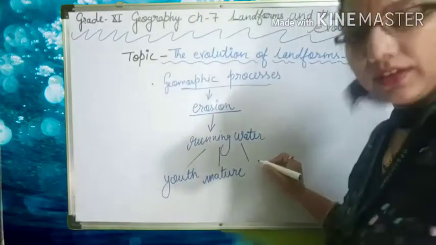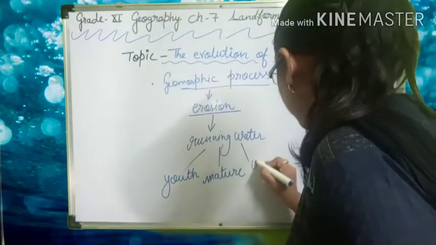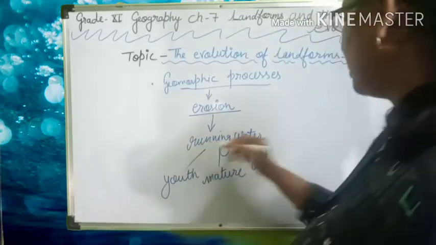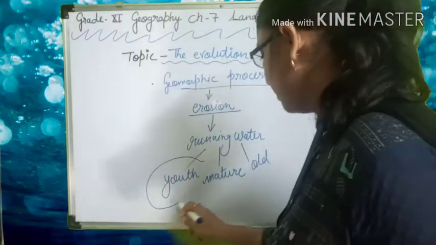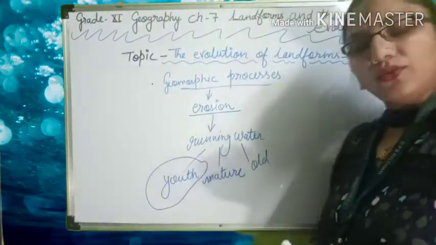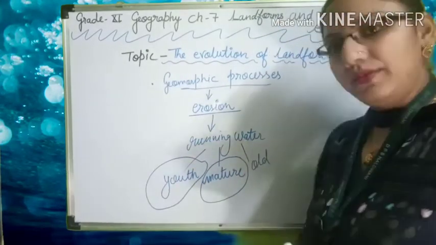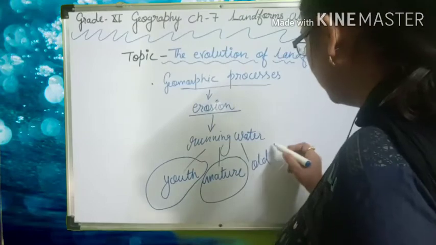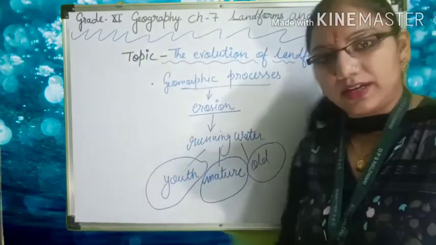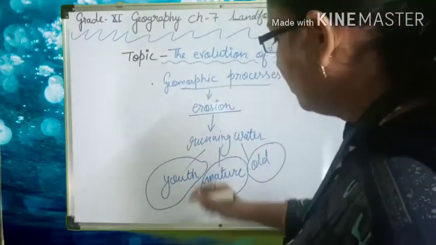First, youth in the form of waterfalls, mature in the form of rivers, and old in the form of deltas. So students, for youth, what can we say?